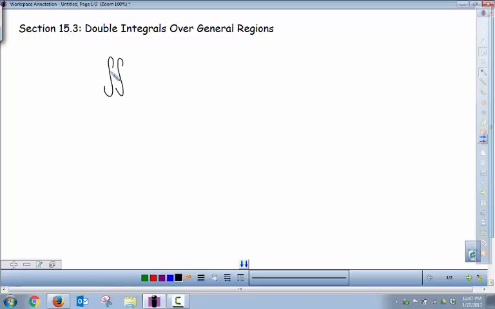So a double integral can be defined a bunch of different ways, but we take a function of two variables and then we integrate over some two-dimensional domain.